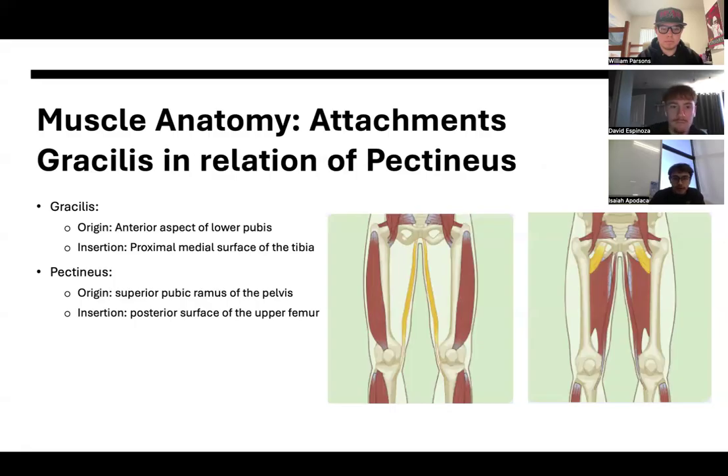As for the pectineus, this is where it's different, because the origin is the superior pubic ramus of the pelvis, so just the top of the pubis, and then it runs to the posterior of the femur, the upper femur. So there's just a little difference there between those two.